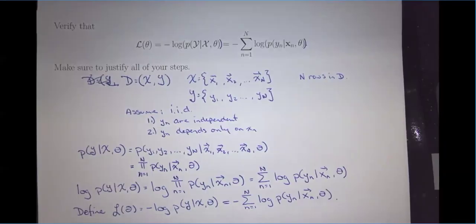Okay, now that whole calculation again relies on this IID assumption, and then from there everything sort of flows just using basic arithmetic.